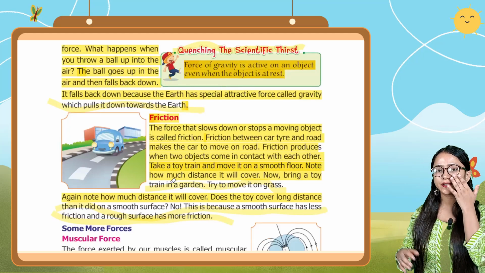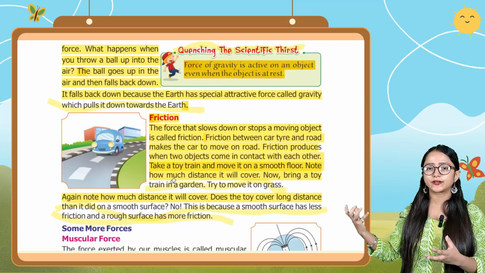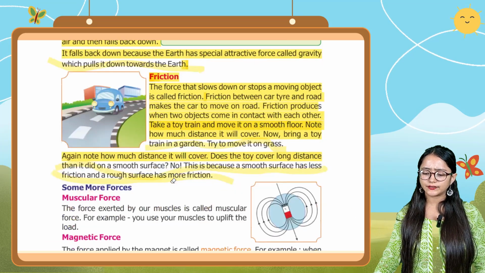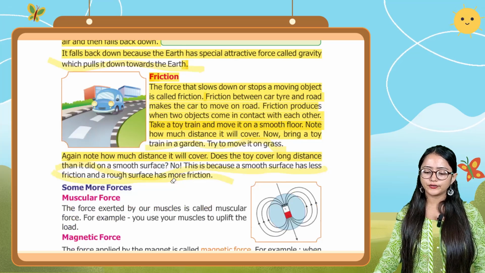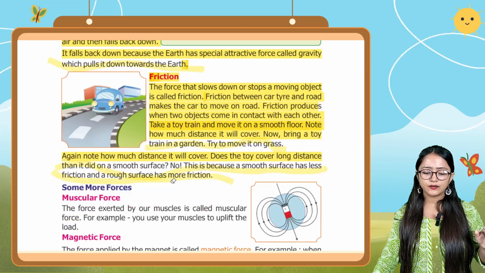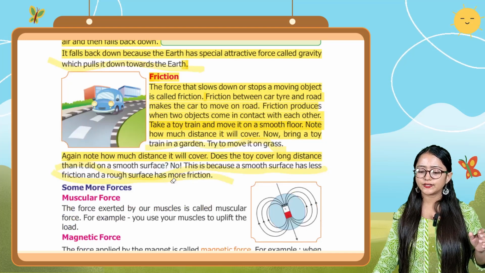The force that slows down or stops a moving object is known as friction. Friction between the car tire and road makes the car move on the road. Friction is produced when two objects come in contact with each other.